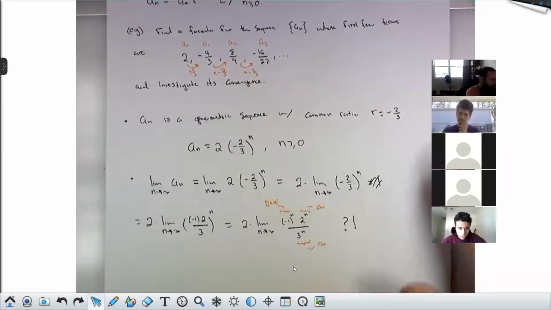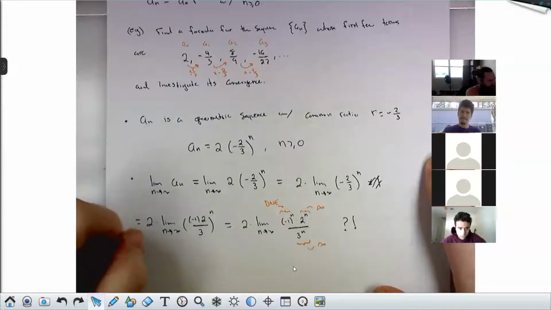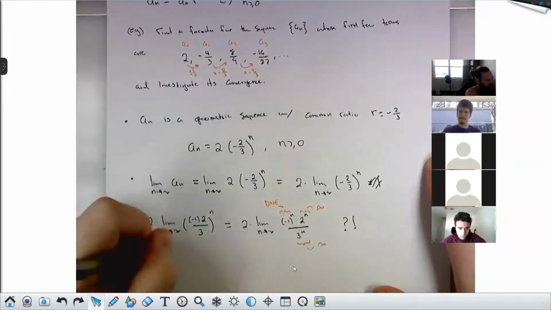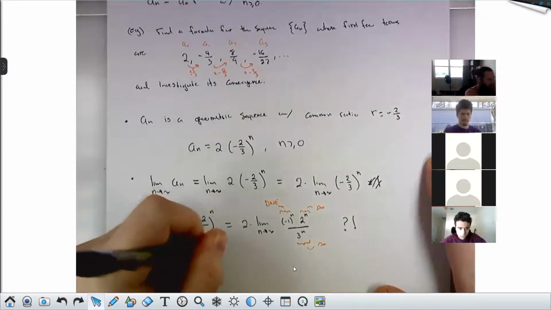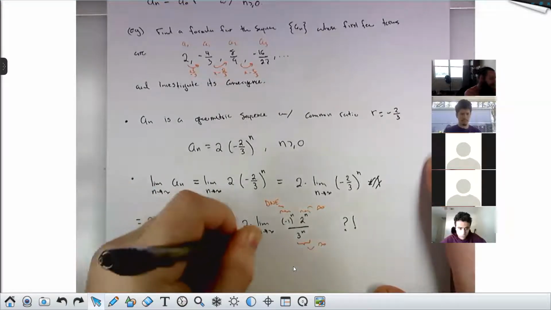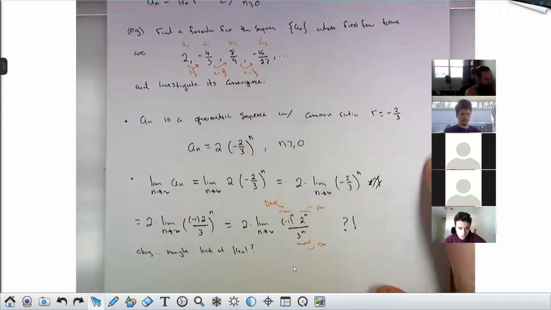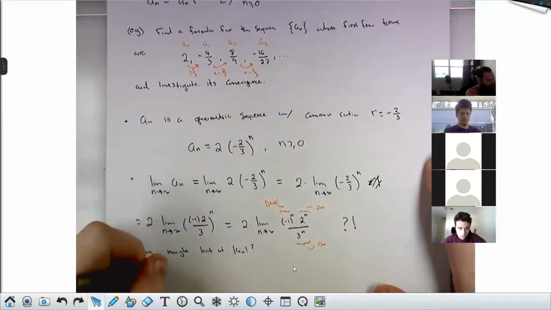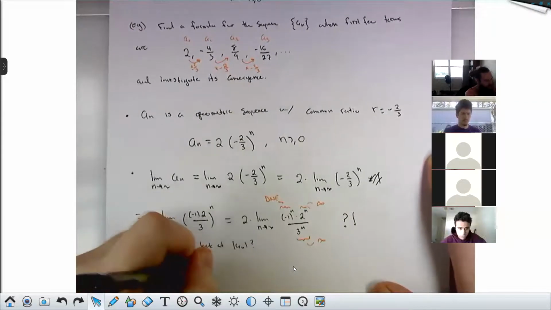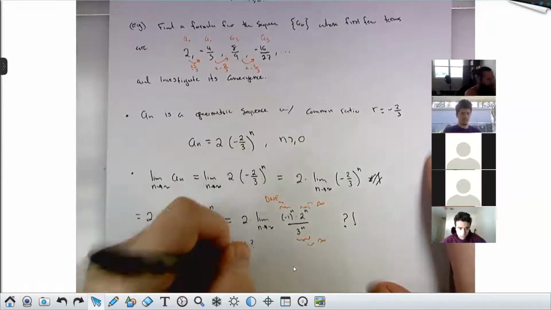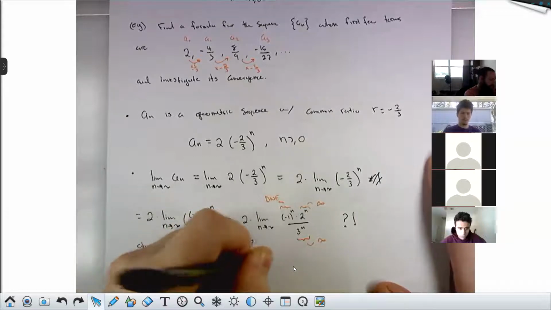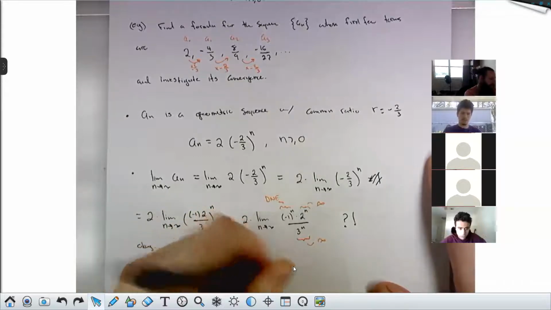What I can do instead is say, okay, maybe I should look at the absolute value of a_n. So what is that? The limit as n goes to infinity of the absolute value of a_n is the limit as n goes to infinity of the absolute value of 2 times negative 2/3 to the n.